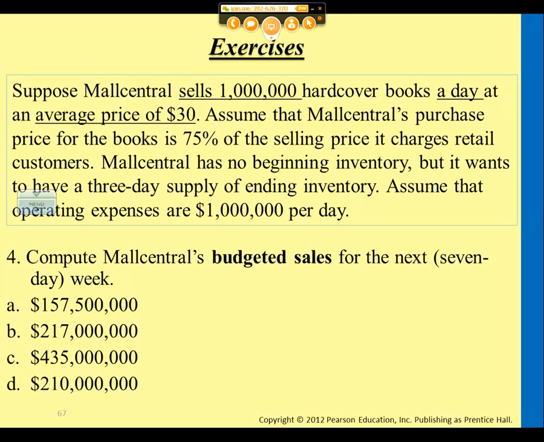So my average price is 30, sells 1 million hardcover books per day. Is the 75% of the selling price relevant to us?